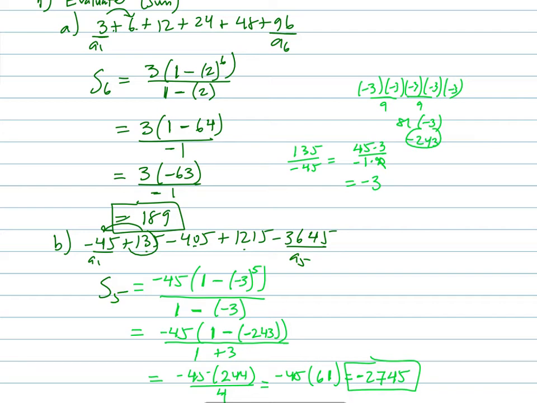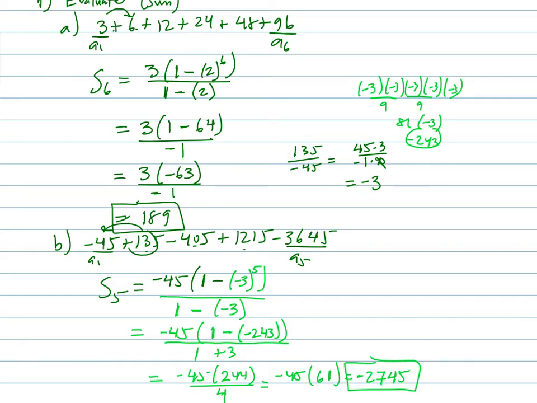So just 5 terms here equals, so a sub 1 is our negative 45 times 1 minus, now here we got to be careful a little bit. What is our r? Let's divide. 135 divided by negative 45. If I was to break this down, this would be 45 times 3, negative 1 times 45, 45, so we get negative 3 is our r.